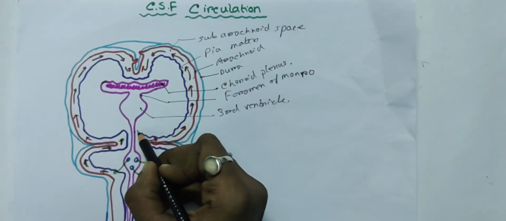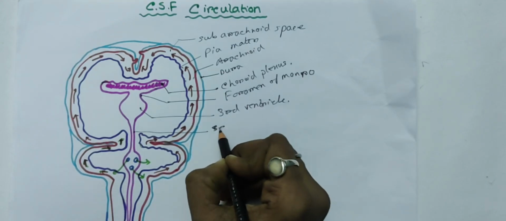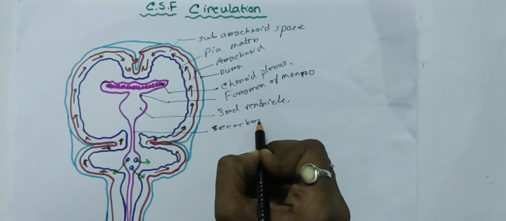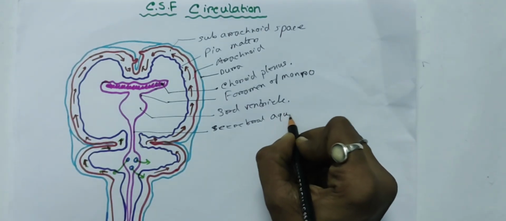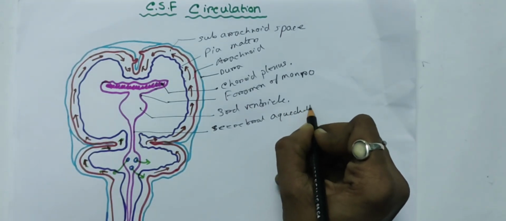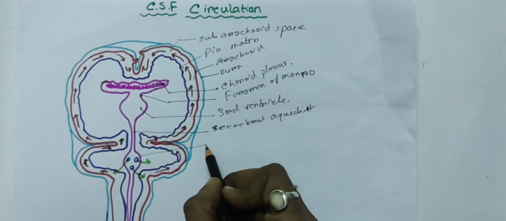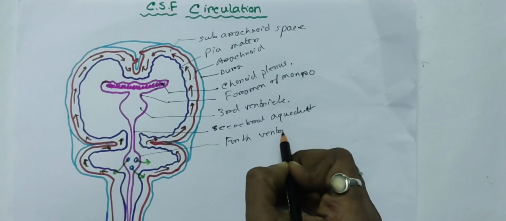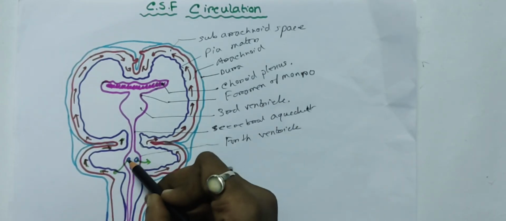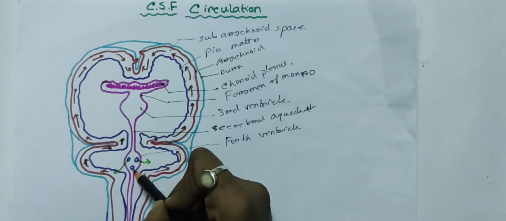This is the cerebral aqueduct. And this is the fourth ventricle. And these are two lateral apertures and one median aperture.